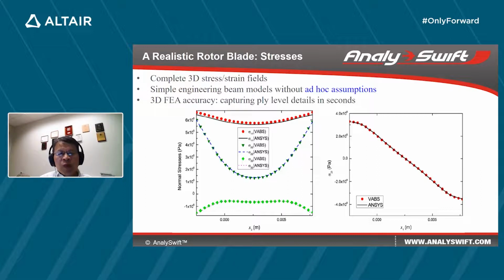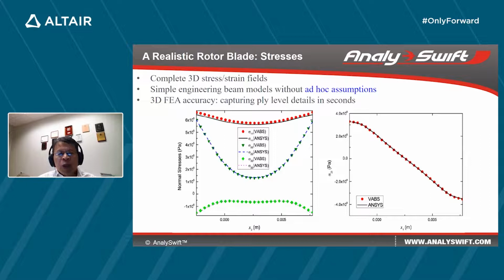We can get the complete 3D stress and strain field with simple engineering models and without the ad hoc assumptions used in other beam theories. It can achieve 3D FEA accuracy, and we can capture the ply-level details of composite structures in seconds.